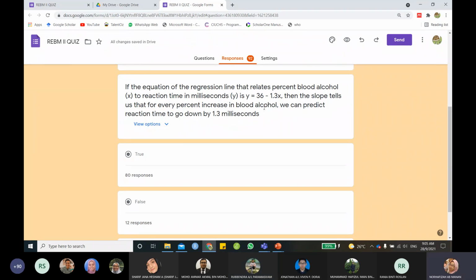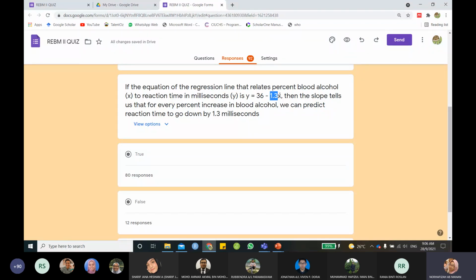For your information, this is for your exam later also. This is the slope, which is how much y changes if x is increased by 1. That is the change. But if you are doing prediction, you have to use the whole equation.